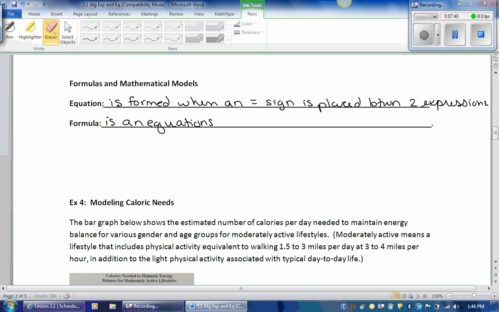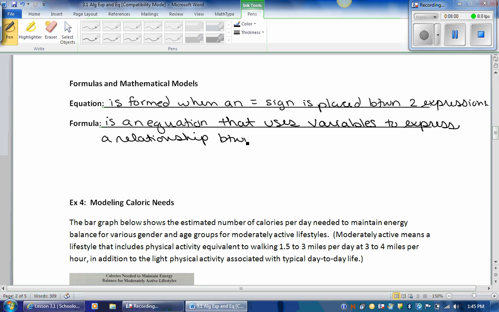A formula is an equation that uses variables to express a relationship between two or more quantities.